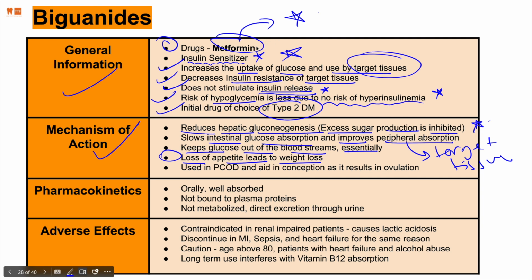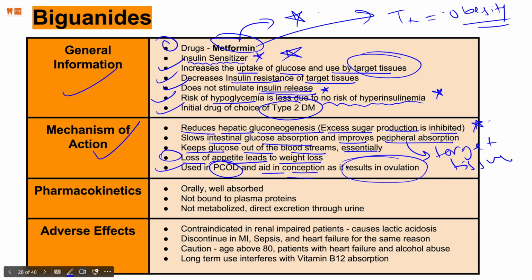Little known fact, metformin is a treatment for obesity. It's also used in PCOD, polycystic ovarian disorder, and it aids in conception. Therefore, it results in ovulation. It can cause pregnancy as well.